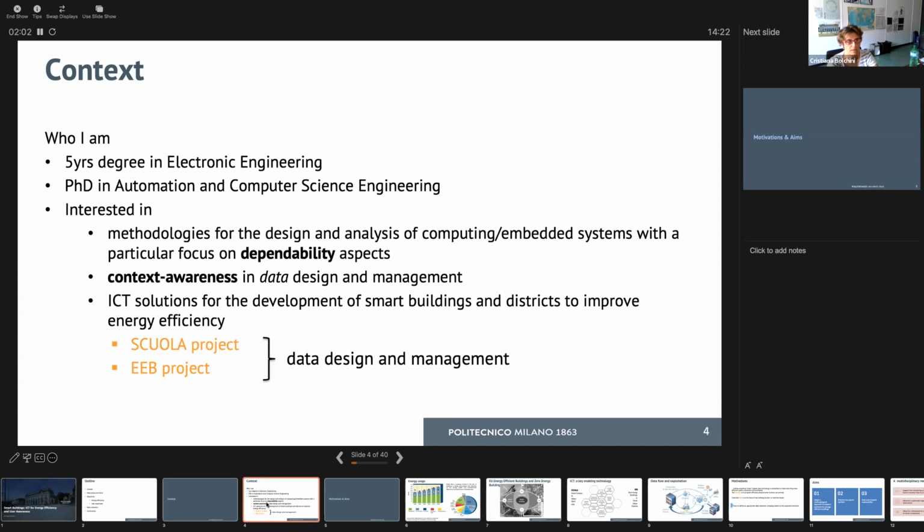but with a specific focus, so a specific interest on dependability aspects, which are the elements that allow us to design things so that we know in advance that these things might break down sooner or later because nothing is everlasting.